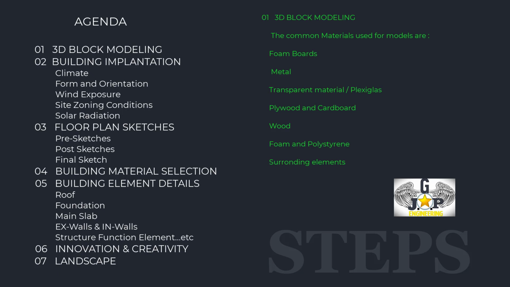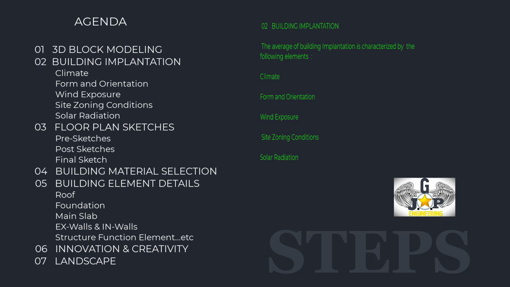We have a transparent material, plexiglass, which is used for curtain walls, railings, or sometimes even windows. And we spoke about plywood and cardboard for the shape and wall framings, wood itself used sometimes for the roof or walls as well, the foam and the polystyrene, and finally some little surrounding elements.